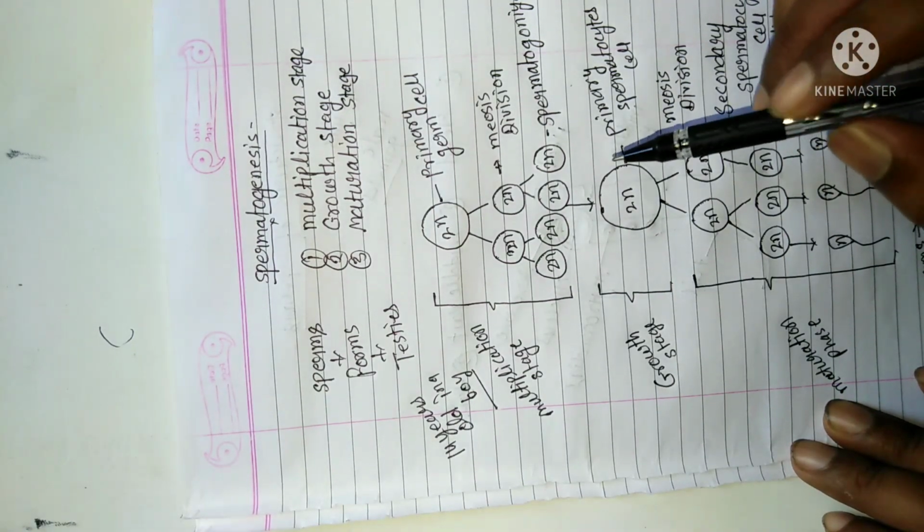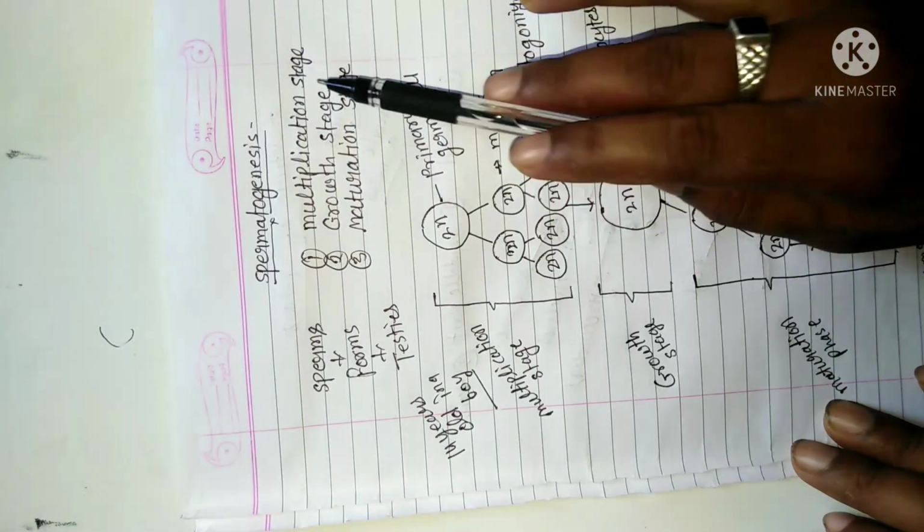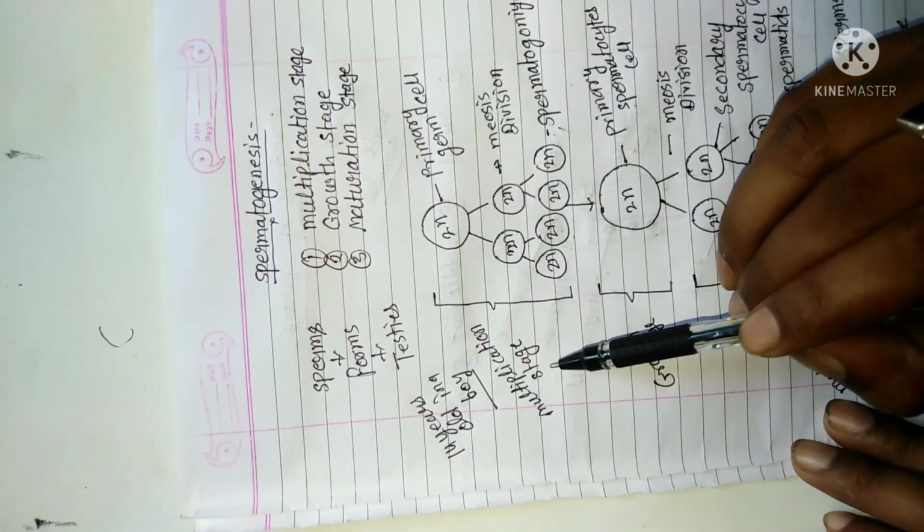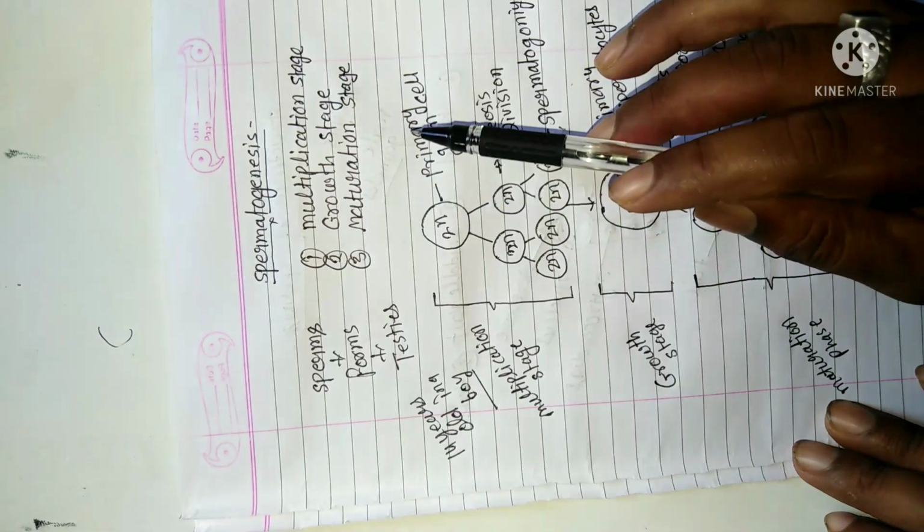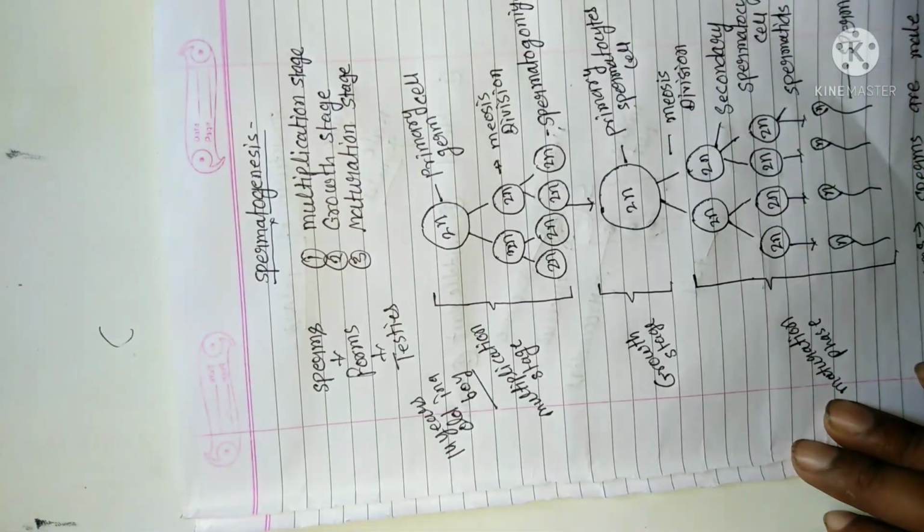So as we saw, multiplication stage, growth stage, and maturation stage complete the spermatogenesis process in a male testes.